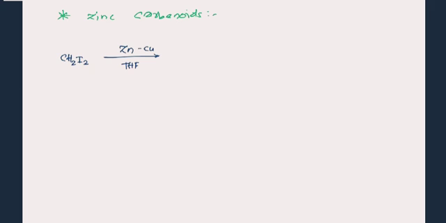There is a formation of the complex CH2ZnI, where zinc inserts in between the carbon-iodine bond. The same compound can be prepared with CH2I2 and ethyl zinc, EtZnI, in diethyl ether. So we can prepare this one.